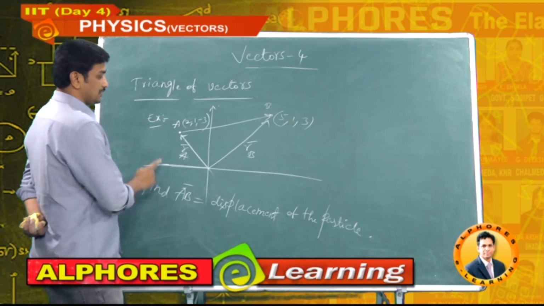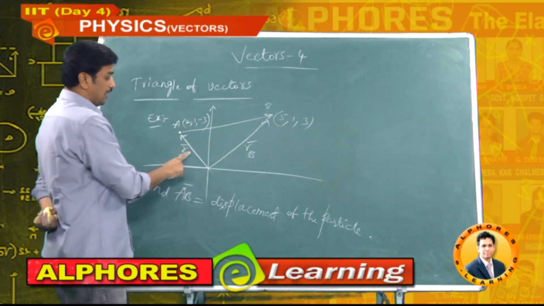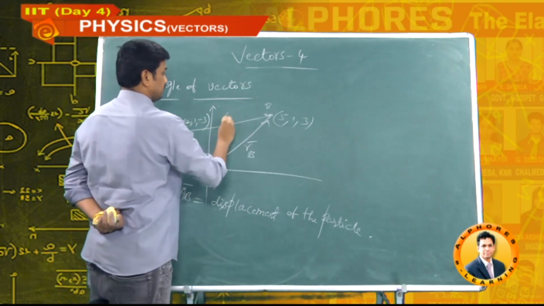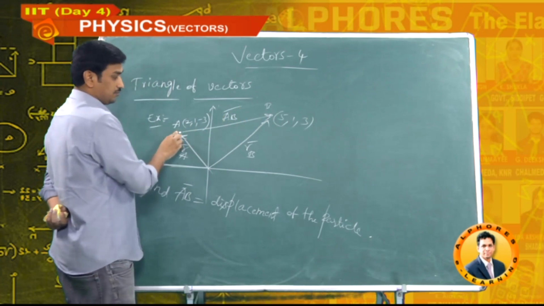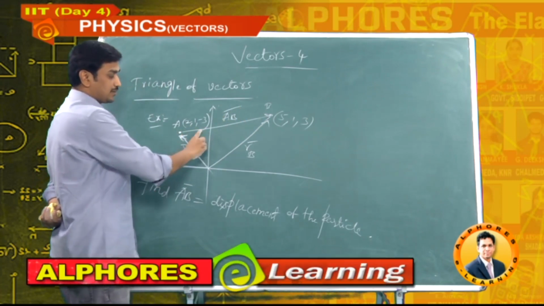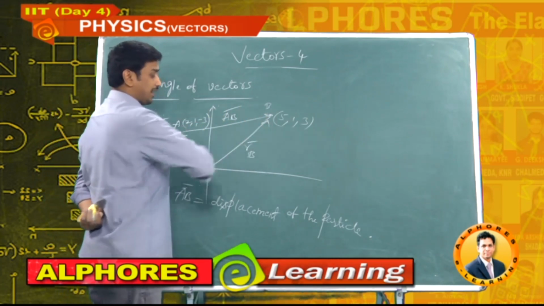Now see here, it is looking like a triangle. Yes, it is looking like a triangle. RA bar head, AB bar tail, head connected to tail we are adding. These vectors represent two sides of the triangle. The resultant is the closing side of the triangle.